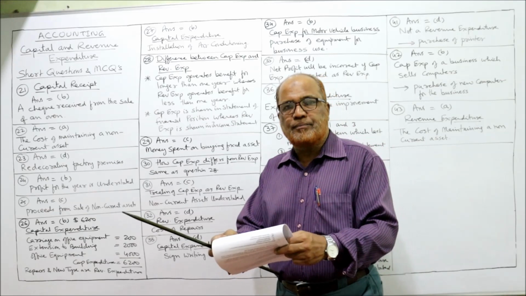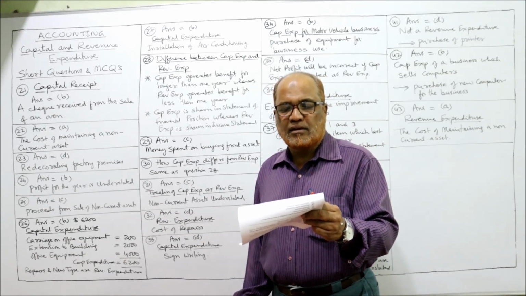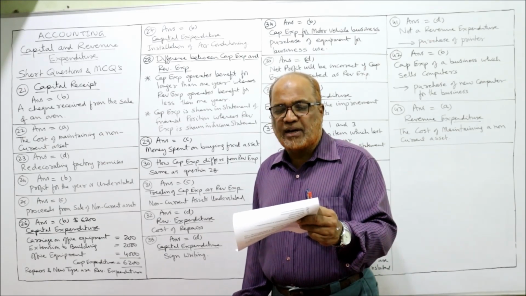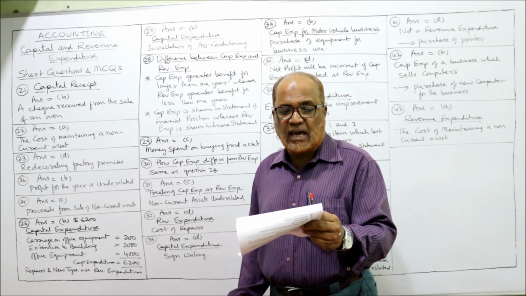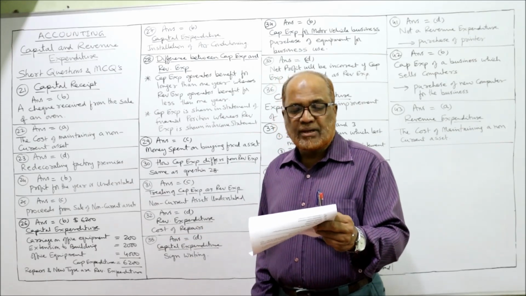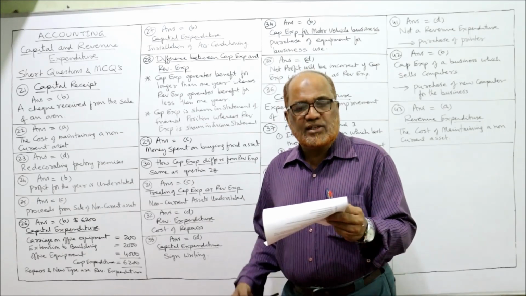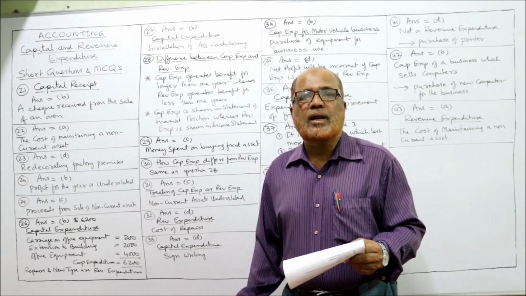Next, 33. A trader purchases a new delivery van. Which item of expenditure would be classified as capital expenditure? Purchase of a new delivery van. Now expenditures are given. A. Insurance.